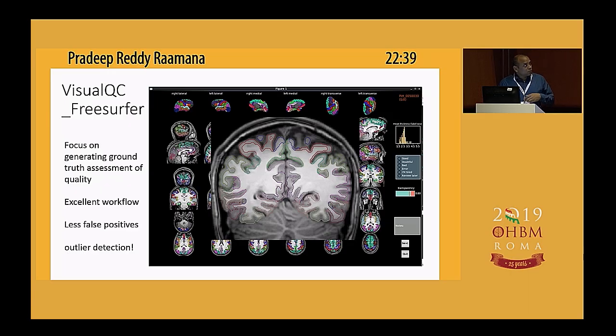So in fact, I have a poster on this tomorrow or Wednesday showing that this particular protocol produces far fewer false positives with a higher error detection rate compared to the ENIGMA protocol.